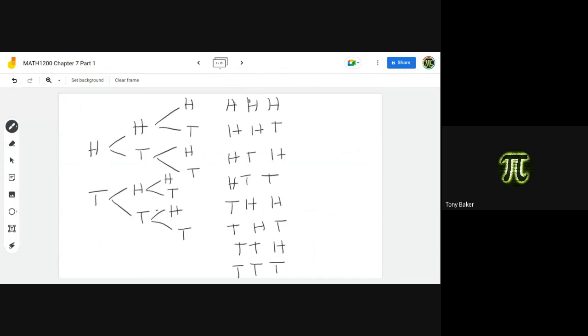How many heads in the first one? 3, the way I wrote it. And then there's 2 in that one, 2 in that one, 1 in that one, 2 in that one, 1 in that one, 1 in that one, and 0 in that one.